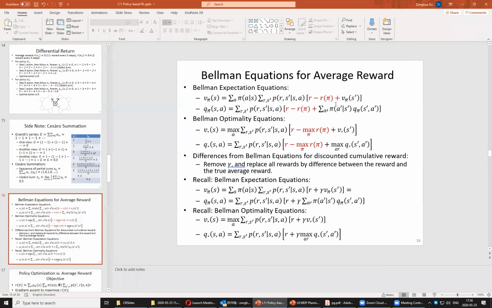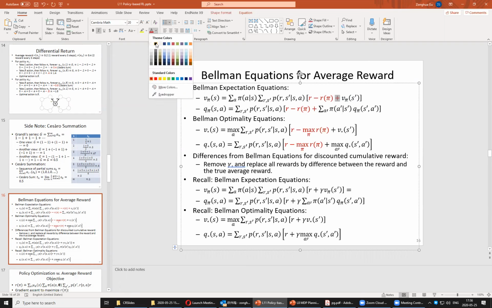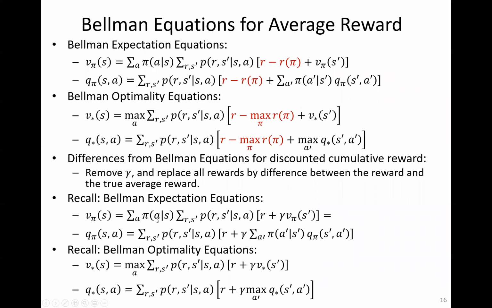If you compare with the Bellman equations we saw before, the only difference is that, for the 4 Bellman equations we saw before, 2 expectation equations and 2 optimality equations, you simply replace all the rewards by the difference between the reward and the true average reward. And you remove the gamma. There's no discount factor.